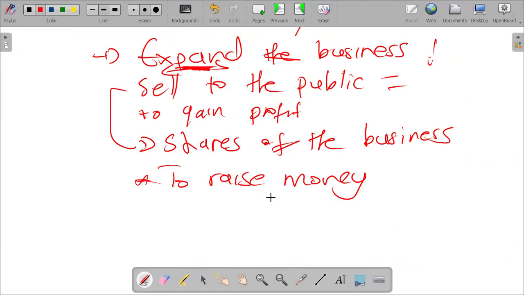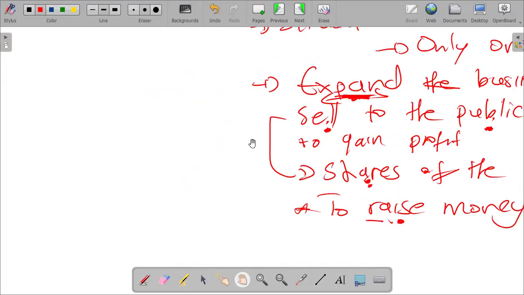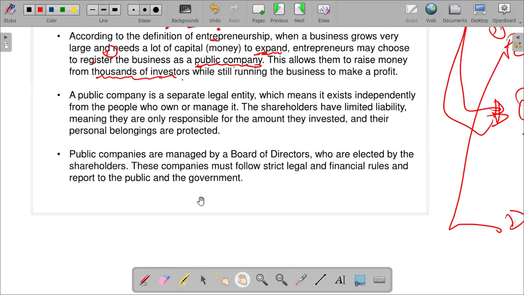Sell shares to the public to raise money so that we can expand our public company. All right? I hope it's clear now.